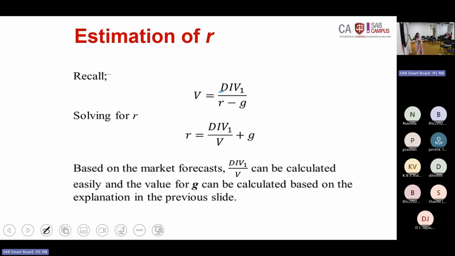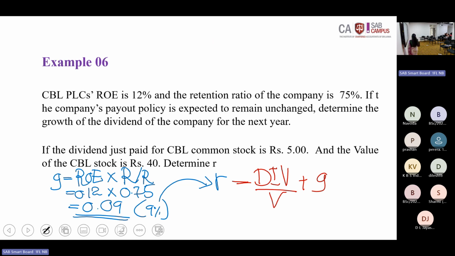That is DIV1 divided by the value, plus the growth rate. This is not just the dividend, it should be DIV1. What's DIV1? 5 multiplied by 1 plus growth rate 0.09, divided by 40, plus growth rate 0.09. Now calculate the required rate of return.